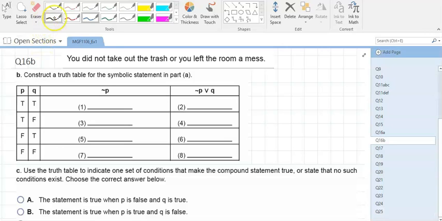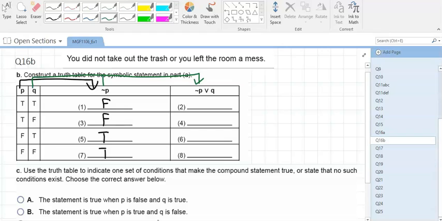So right here it says we're going to negate P. Okay? And then now we will take Q and we will take the negation of P and we'll use it to get that column.